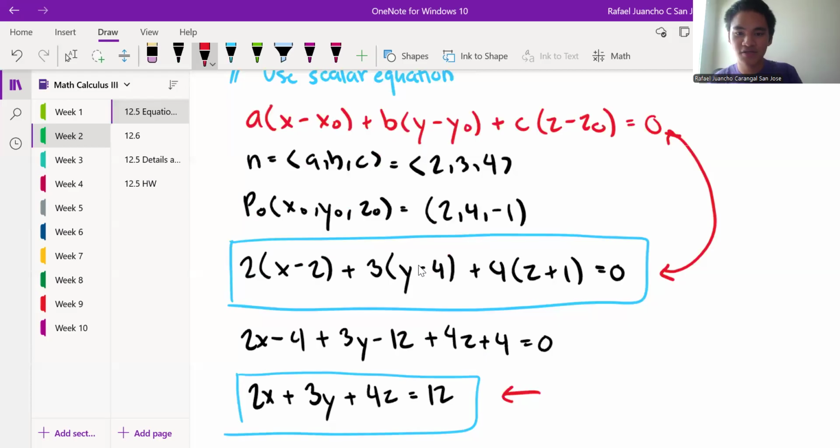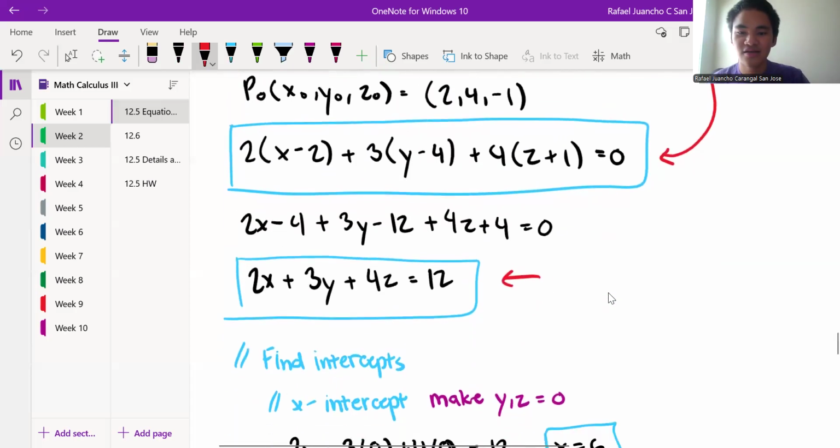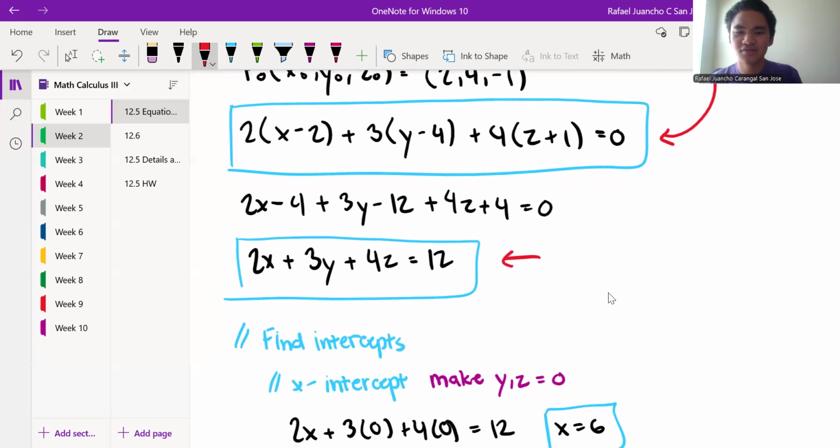A is 2, B is 3, C is 4, x naught, y naught, and z naught are 2, 4, and -1. And then it turned into this. So this is ax, because this is an x. A is 2, plus by plus cz equals 12.